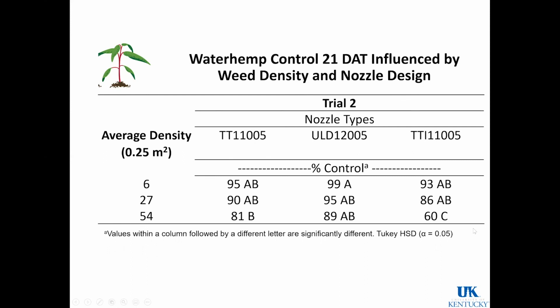So what I'm trying to get at here is, again, if you're worried about control and using these large droplet producing nozzles, one key is not only getting your spray volume correct, but also making sure you're not spraying these high density populations. And if it's a post-emerge application, the best way to overcome that is use a pre-emerge herbicide, and it'll put you in a scenario where you're spraying these smaller densities and allows you to use some of these larger droplet producing nozzles.